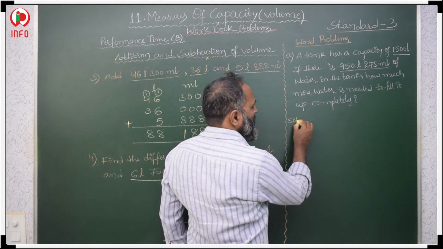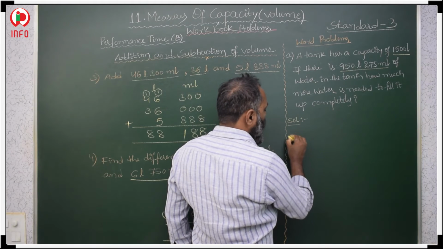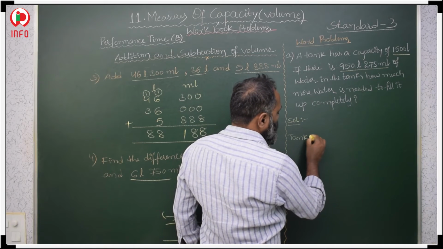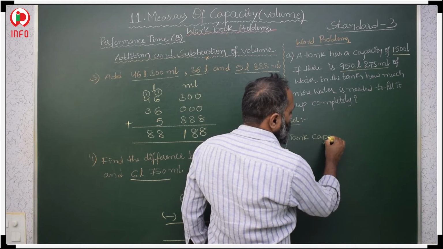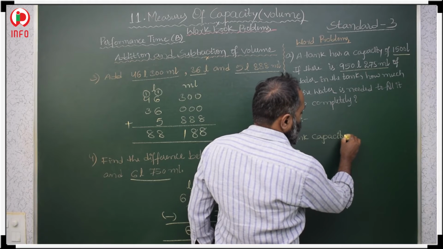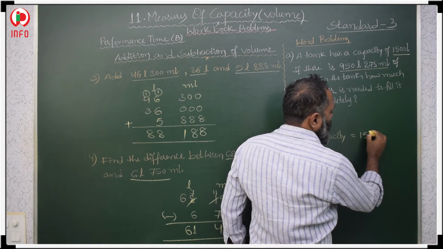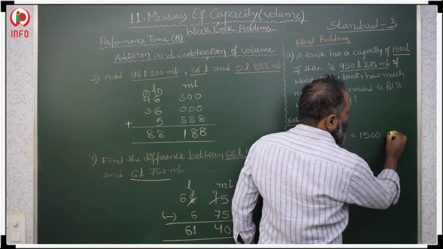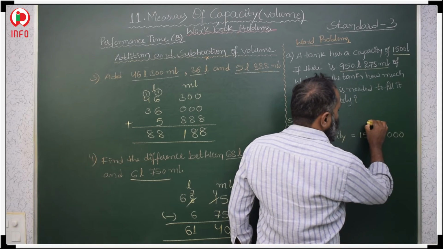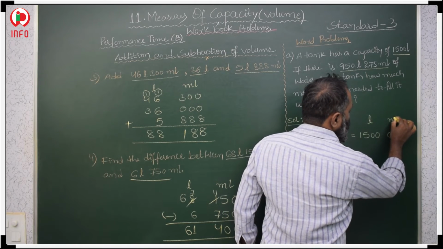Then first, tank capacity. What is tank capacity? 1500 liters. No milliliters means 0, 0, 0. This is liters, this is milliliters.